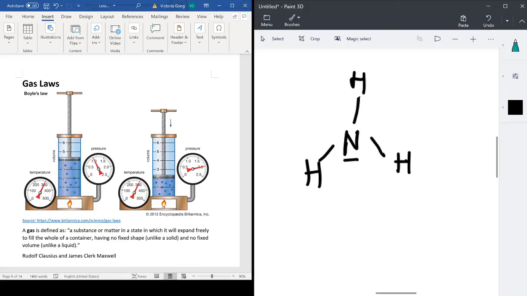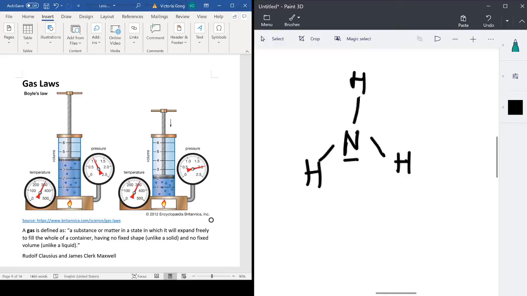So you can see here, this person has labeled some different factors of a gas. There's pressure, volume, temperature, and there are gas molecules in a gas, obviously.